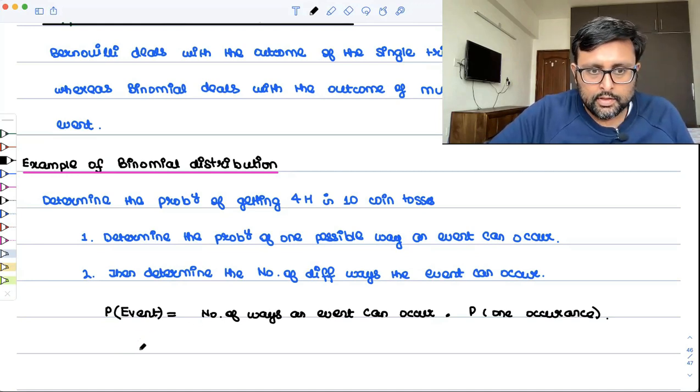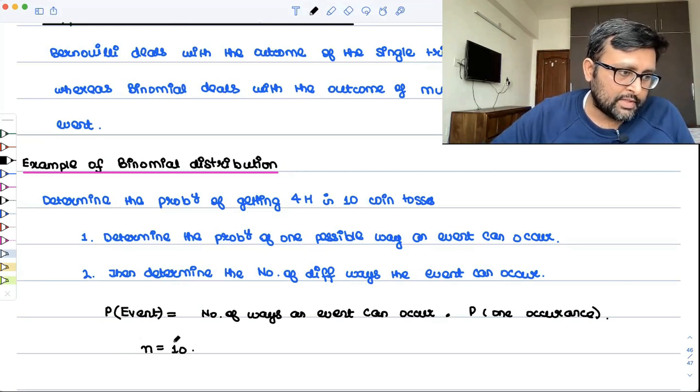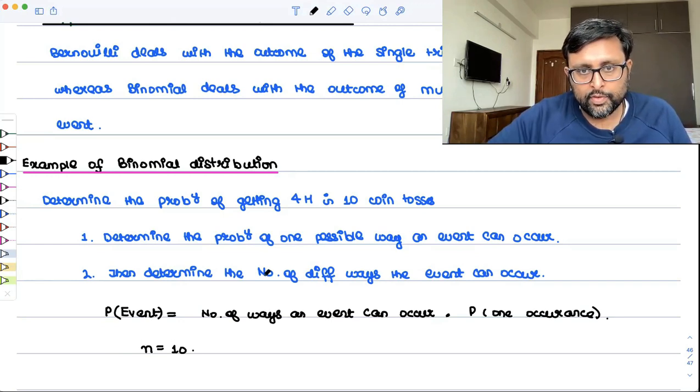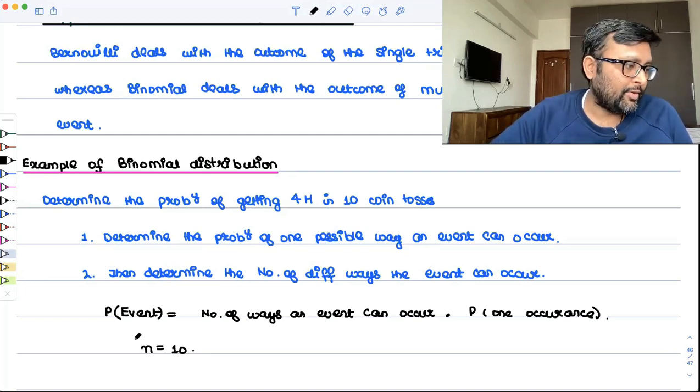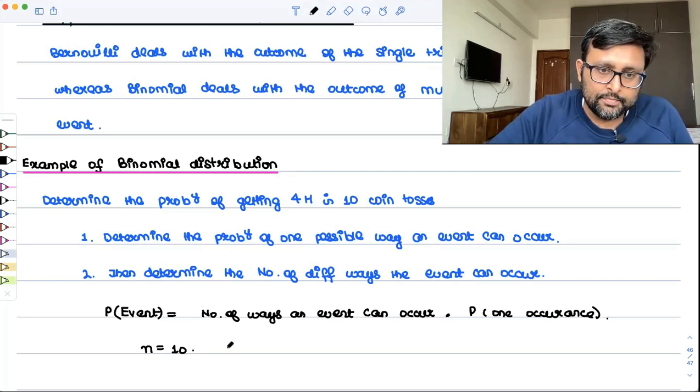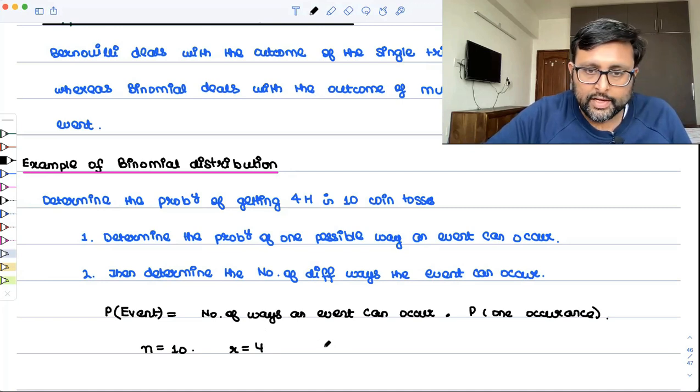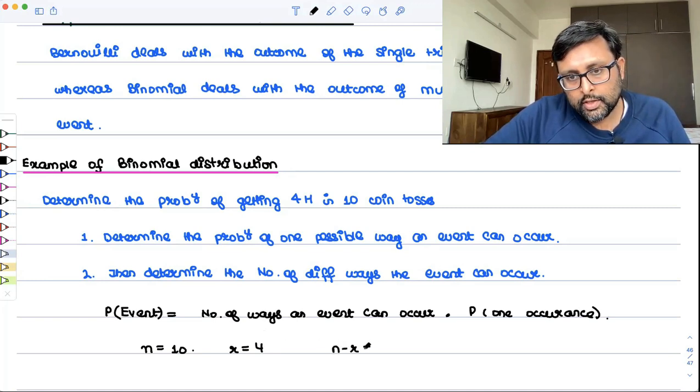So in this case, the number of trials that is going to be taken up is 10, and you are interested in finding out the probability of getting 4 heads in 10 tosses of a coin, right? So the number of successes r is equal to 4, and the number of failures is 6.